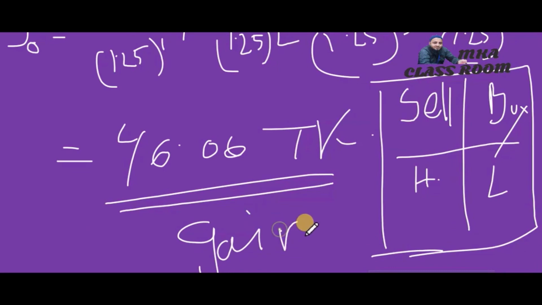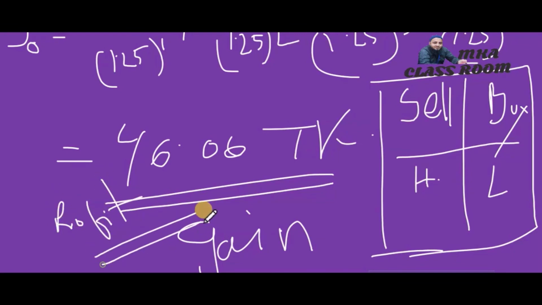He will earn profit from his investment. So that is the general rule of our purchasing: we purchase at a lower price, we sell at a higher price. We generally follow these rules.